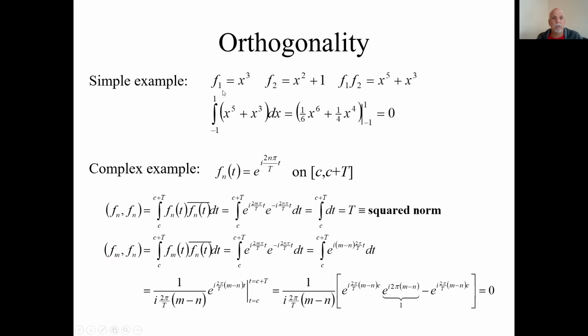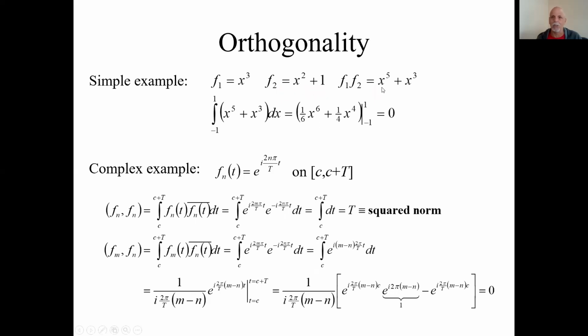Let's do an example. Is this function f1 orthogonal or not to this function f2 on the interval -1 to 1? So let's just see. Well, their product is x to the 5th plus x cubed. They're both real, so the complex conjugate of f2 is x squared plus 1.